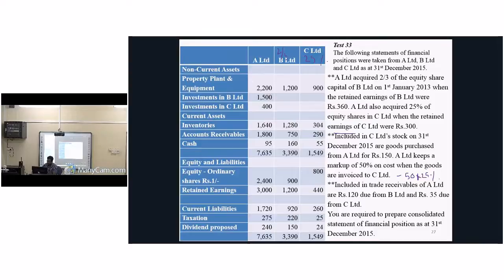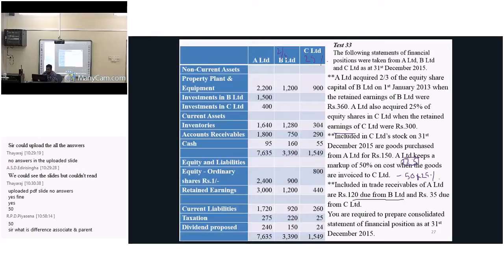How do you recognize this double entry for the unrealized profit? But anyway, just remember the unrealized profit will be 12.5. Remember this figure. I'll tell you how to put the double entry when you do the accounts. There is another: rupees 120 due from B Limited.